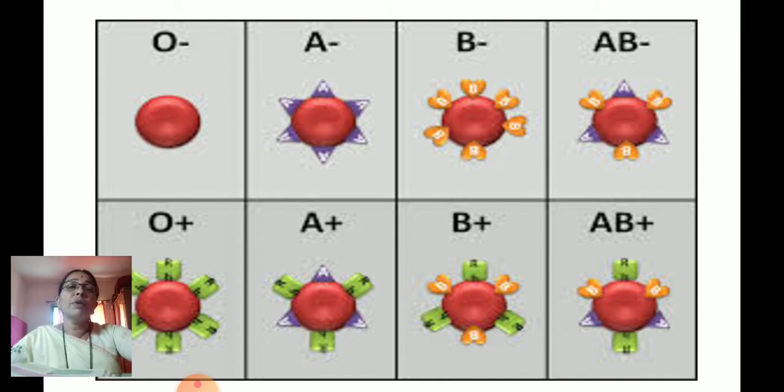Here they have shown which groups can donate blood and which can become the receiver, that is, who can give blood to somebody else who requires it.